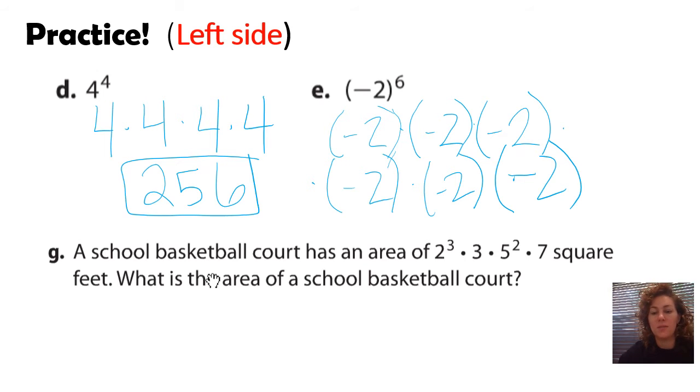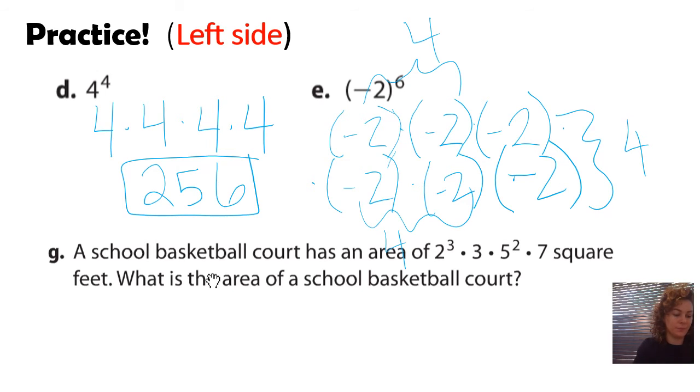Okay, so negative 2 times negative 2. I'm just going to simplify these one at a time. This would equal 4. This would equal 4. And this would equal 4. So I have 4 times 4, which would be 16.